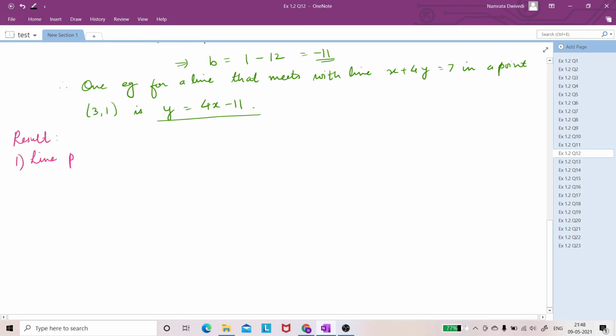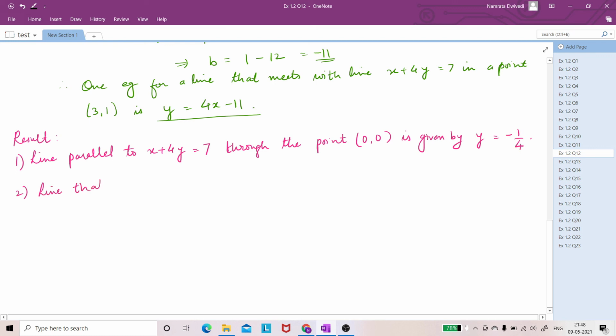First, the line parallel to x plus 4y equals 7 through the point 0 comma 0 is given by y is equal to minus 1 by 4x. And the second one is a line that meets x plus 4y equals 7 at the point 3 comma 1, given by y is equal to 4x minus 11.